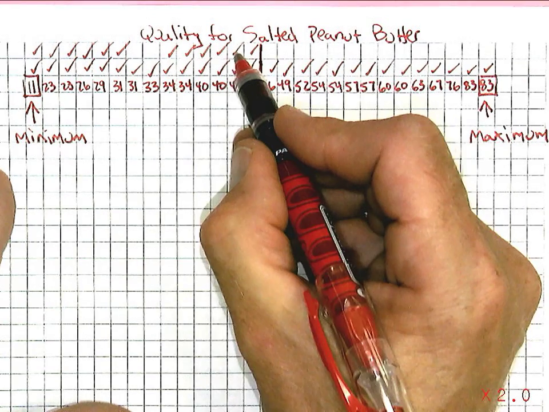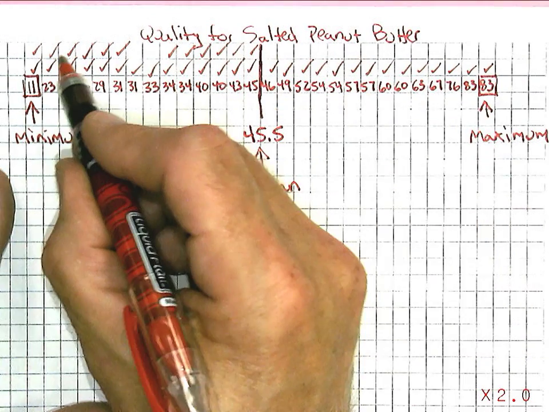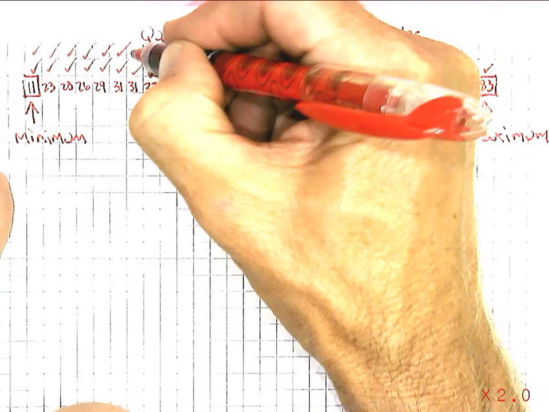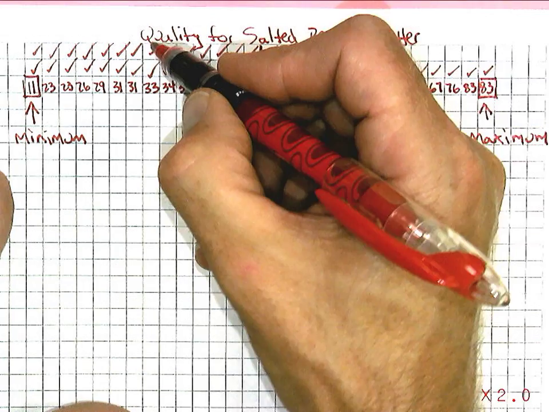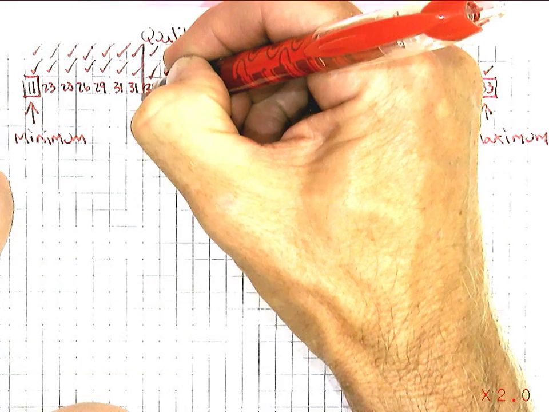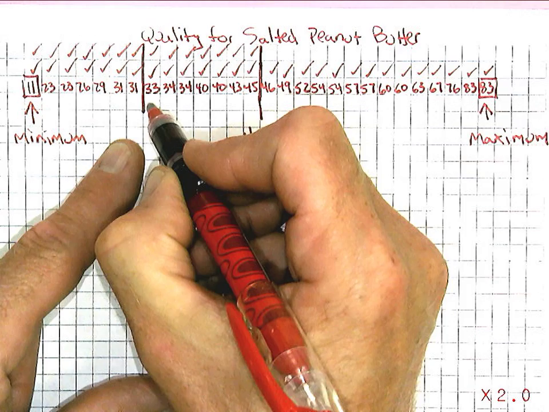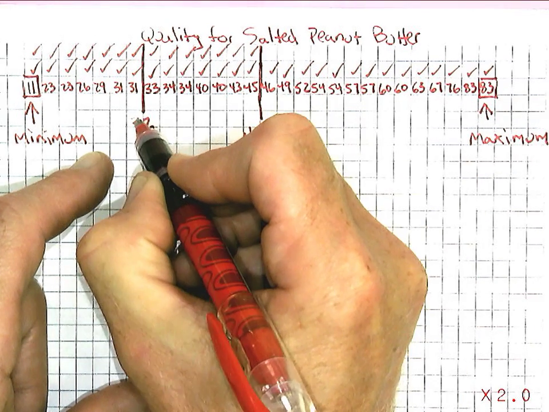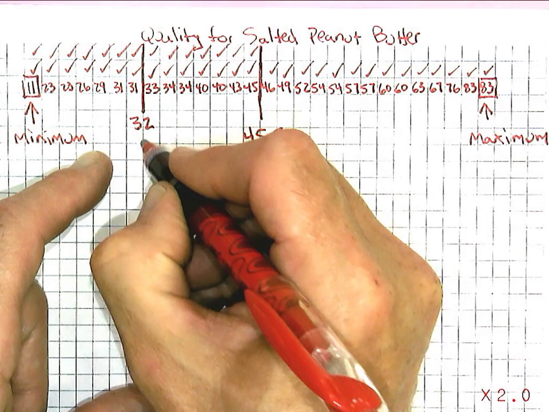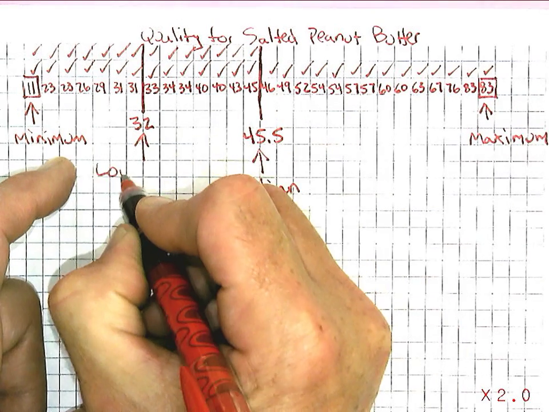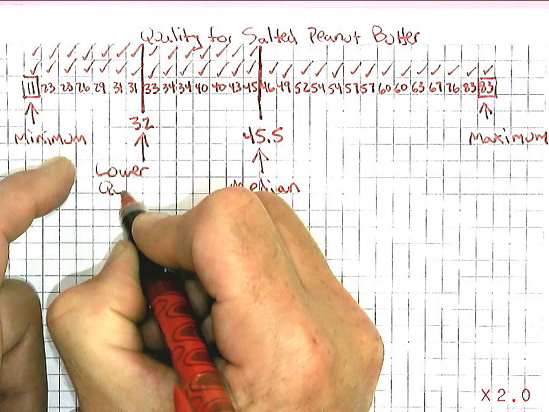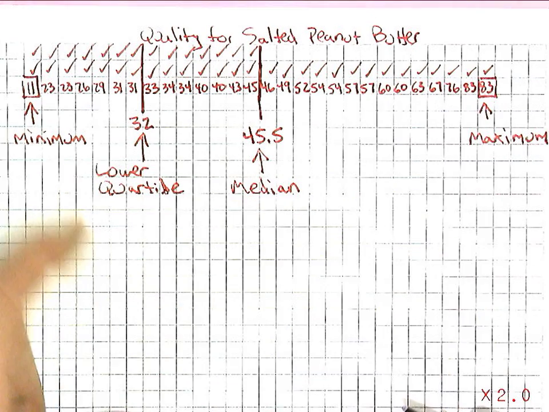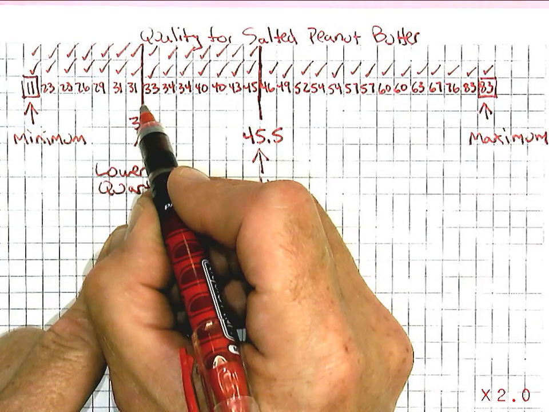Now we have 7 and 7. And right there between the 31 and the 33, which is 32, is now my lower quartile, or first quartile, sometimes called. And so that's the middle of the bottom half.